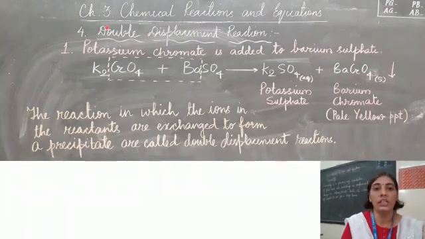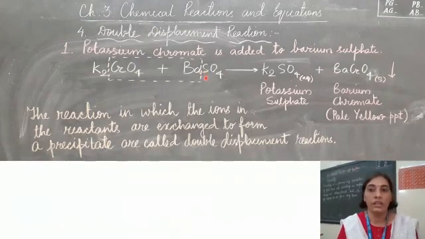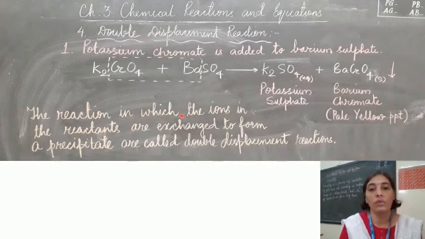So here you can see that there is double displacement. Ions are getting displaced two times, or rearrangement of ions is taking place. So that is what a double displacement reaction is. Let us see the definition. The reaction in which the ions in the reactants are exchanged to form a precipitate is called a double displacement reaction.